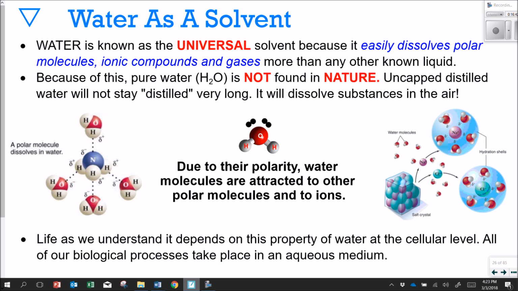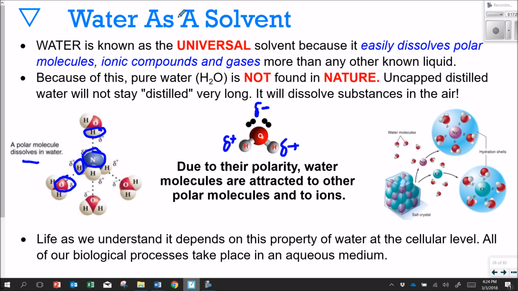Remember, the oxygen side of a water molecule has a slight negative charge and the hydrogens are partially positive. So here we see a water molecule dissolving ammonia. We have the positive hydrogen side being attracted to the negative nitrogen on ammonia, and the negative oxygen side of water being attracted to the positive hydrogen side of the ammonia molecules.